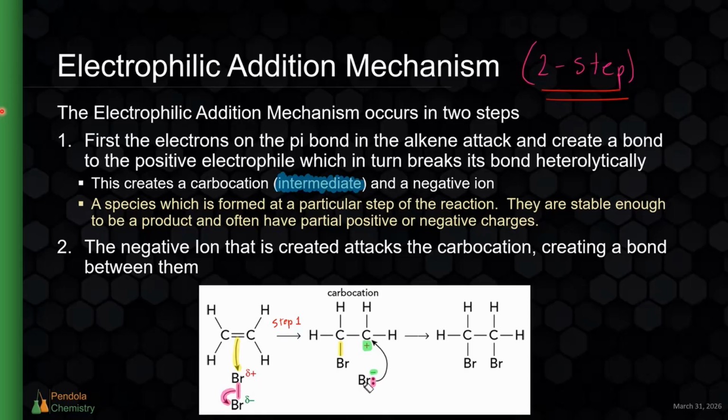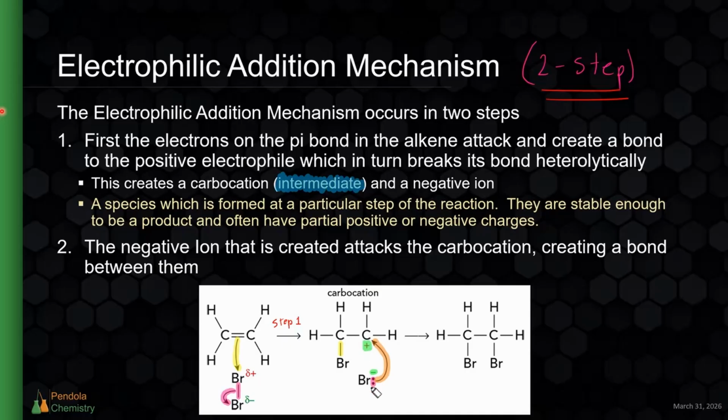So that negative ion that's created is going to see that carbocation's positive charge, and it's going to use the lone pair of electrons that it originally took from the bond breaking heterolytically to create a bond to that carbocation carbon.